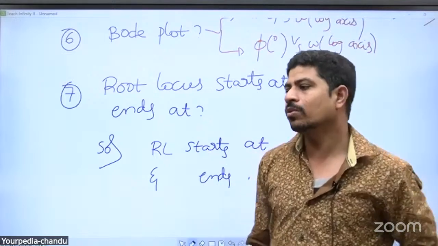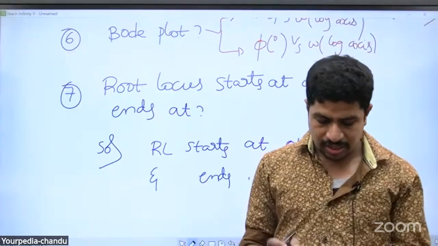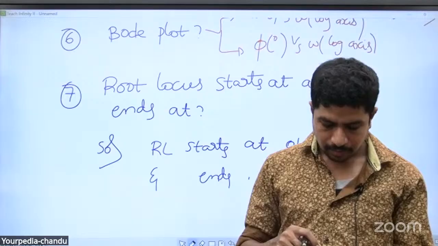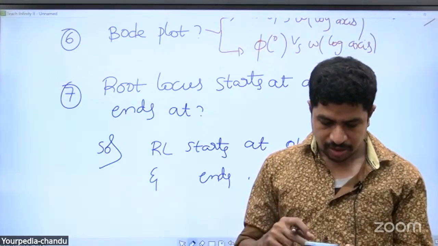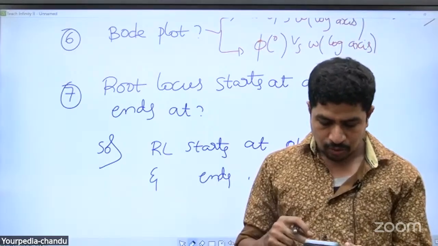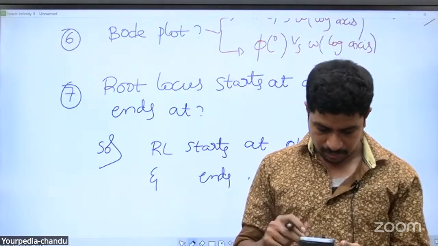So as of now, these are the questions I received. Let me check if there are any other questions I received. I'll discuss those, right? If any one of you is there, you can send the questions. There are a number of YourPedia students, hundreds of students who wrote today's BL exam, right? So they can come and discuss here.